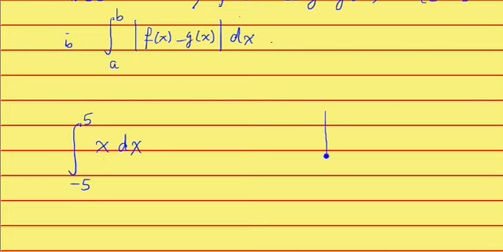For example, here you know that the graph of x has a special symmetry. Here's a graph of x, and our beginning and end is just from -5 to 5.